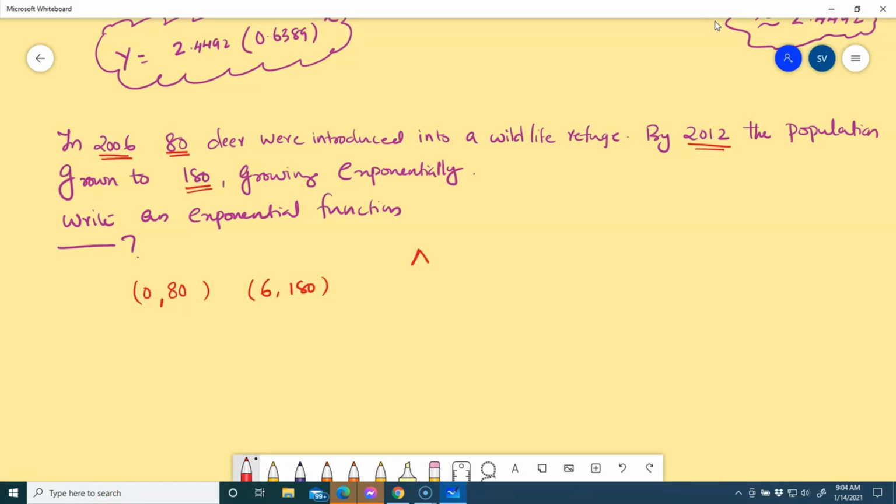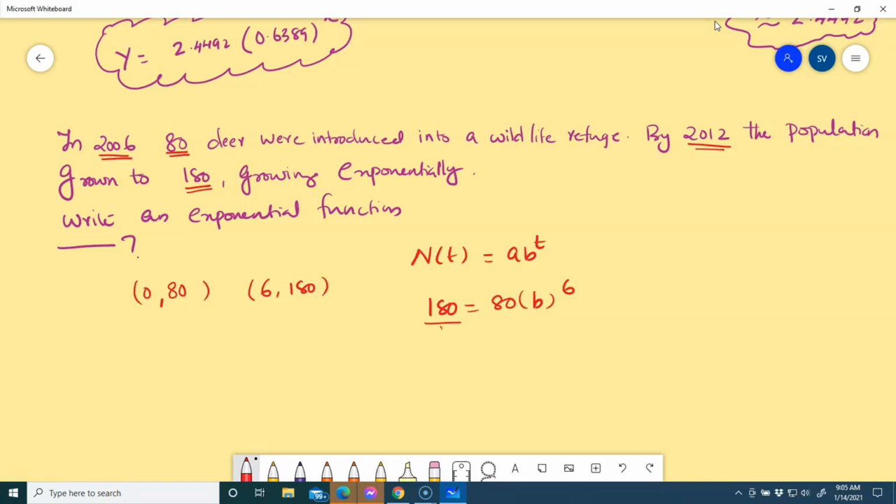Let N of t represent the function. N of t is equal to a b raised to t. We know the number after t years, here it is 6 years, and that number is 180. So 180 is equal to a, the initial number 80, times b to the power 6, because 2006 to 2012 is 6 years. So we need to isolate b to find the growth rate.